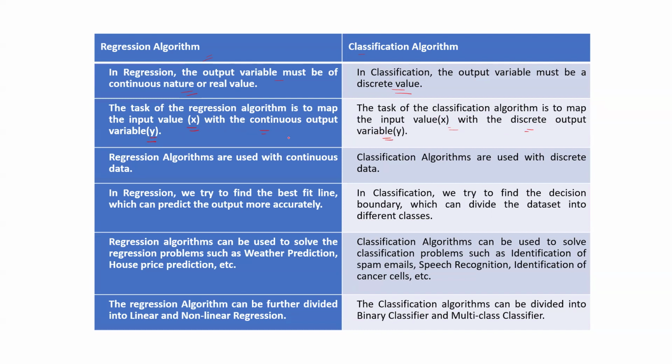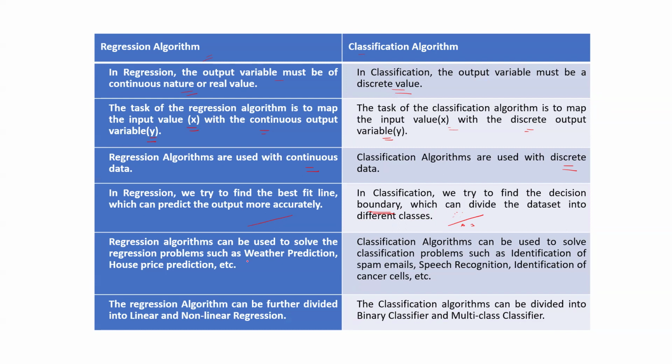The regression algorithm uses continuous data, and classification uses discrete data. In regression, we try to find the best fit line, which can predict the output more accurately. In classification, we try to find the decision boundary, which can divide the data set into different classes.